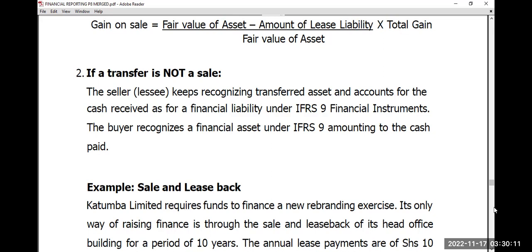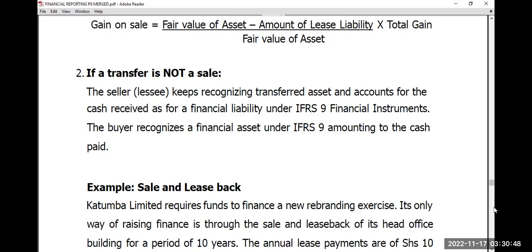Remember, you give out the title as a security and the bank gives you money. It doesn't mean that when the bank gives you money, it has actually gained control over the asset. No, it means that they're just using the asset as security for the money they are giving you. So by the time you take back the money you've got plus the interest, then they will give you back the land title.